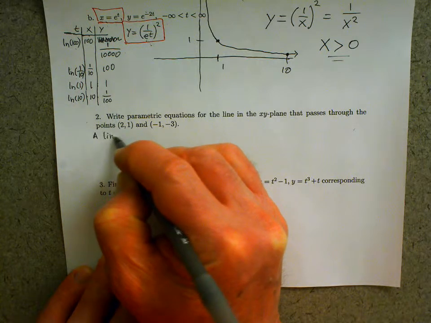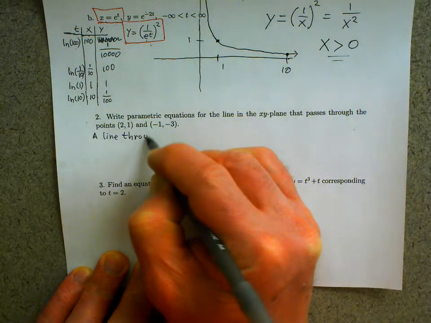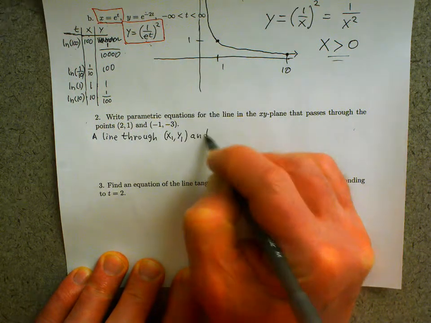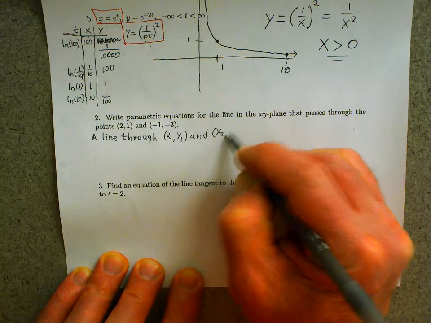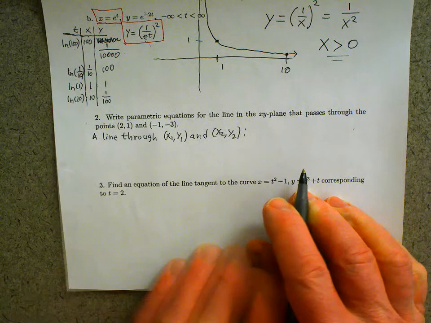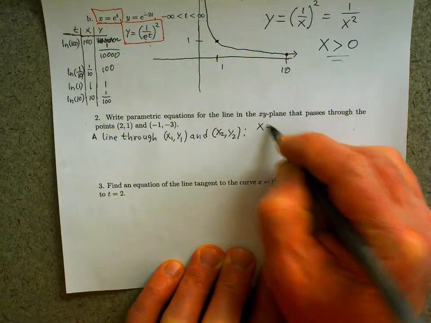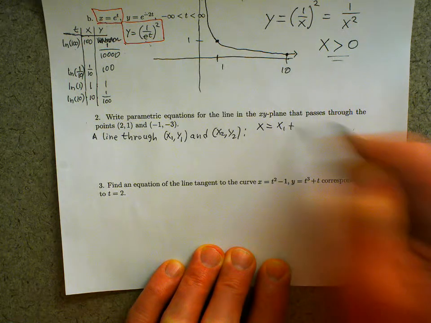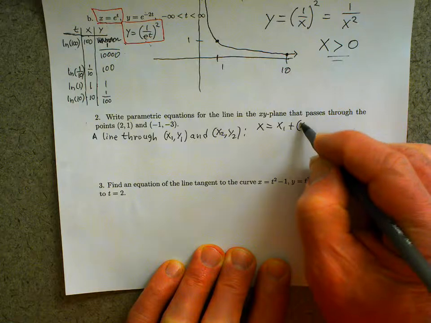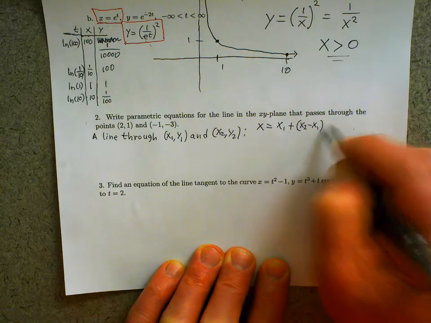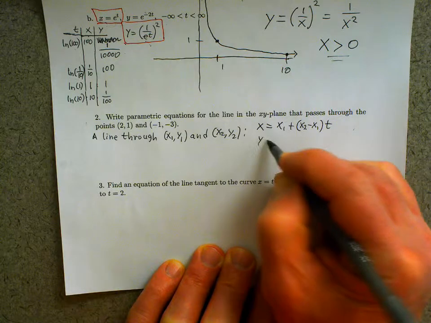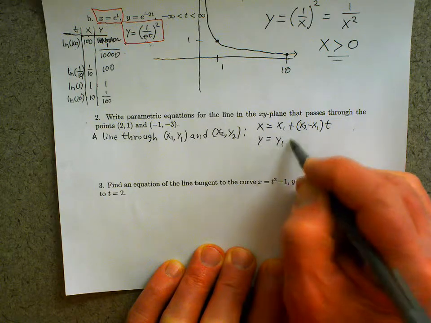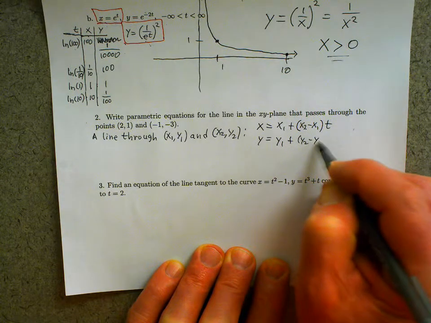A line through 2 points, (x1, y1) and (x2, y2): the parametric equations can be written as x equals x1 plus the quantity x2 minus x1 times t. And the y-coordinate has a similar pattern, y1 plus y2 minus y1 times t.